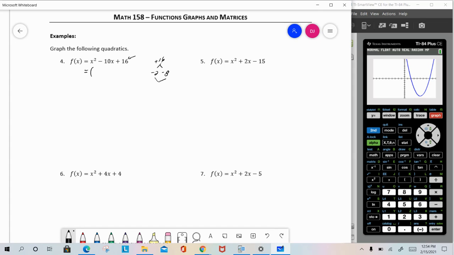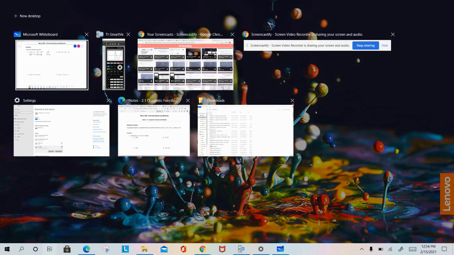So this will factor as x minus 2 times x minus 8. Now, if I were to set this equal to 0, let me give myself some room over here.